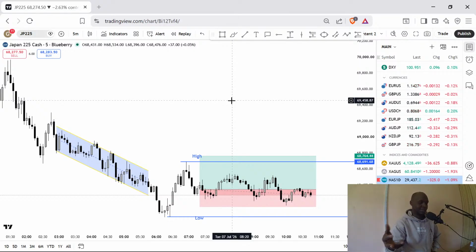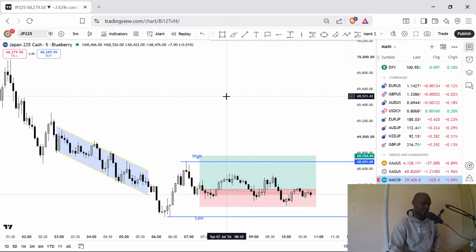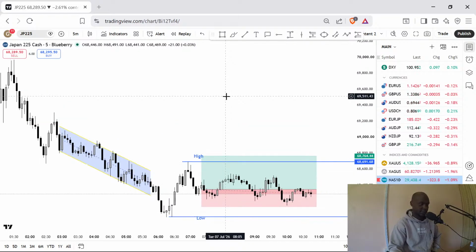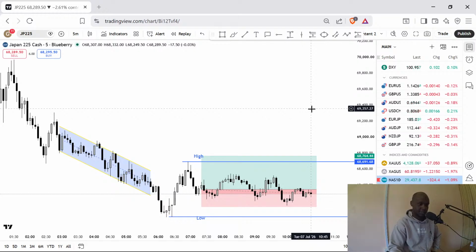And today, I don't see any other opportunities for me to place trades, so this might be the only trade for me today. I might have to manage this trade through the start of the New York session.